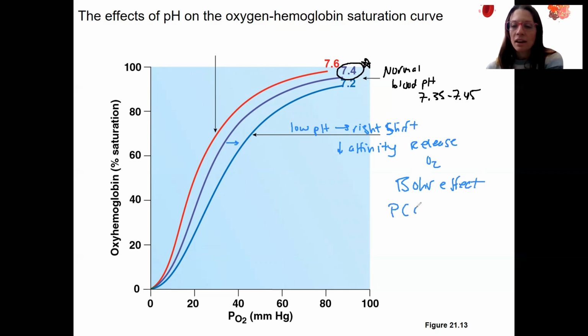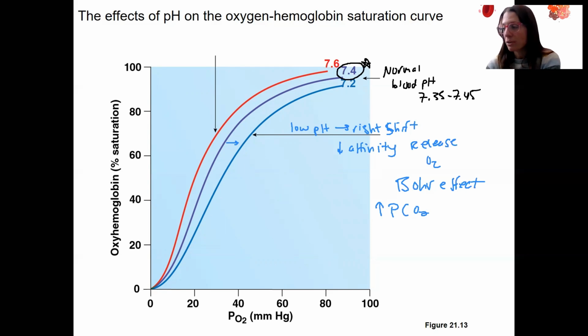High PCO2 is the same thing, right shift. And actually those go hand in hand, high PCO2 and low pH. And we'll see that relationship in just a moment in another video. This shift right is due to, again, the change in structure of that hemoglobin, reducing affinity for oxygen.